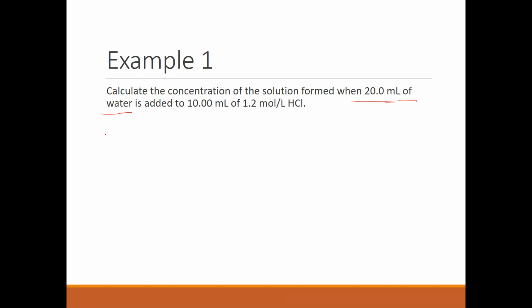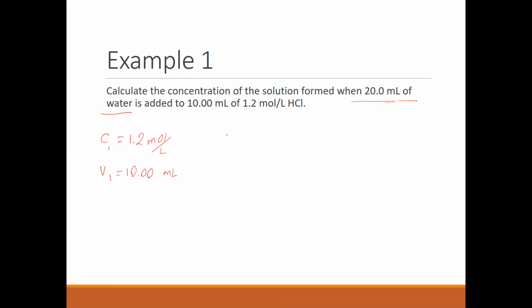The concentration of HCl, C1, is 1.2 mole per liter, and the volume V1 is 10 milliliters.